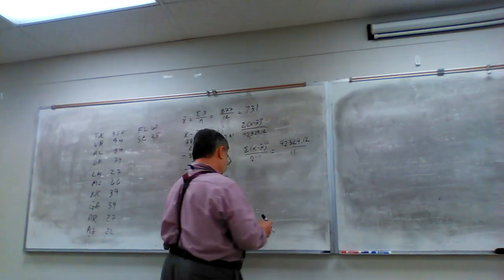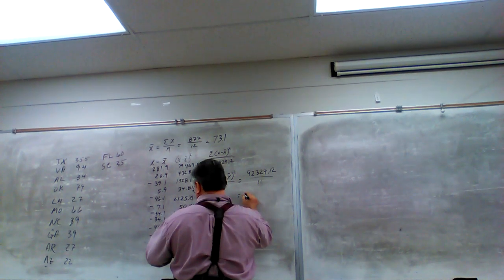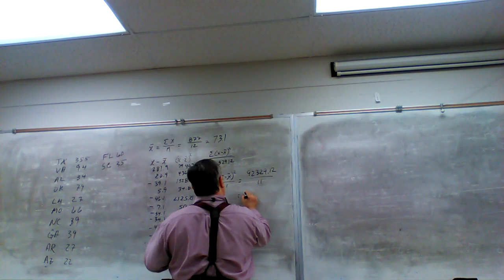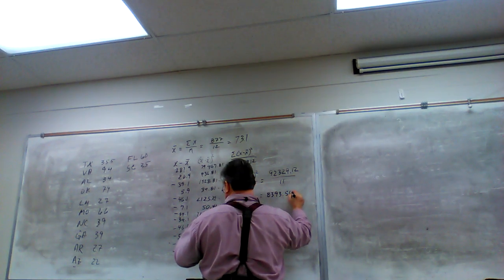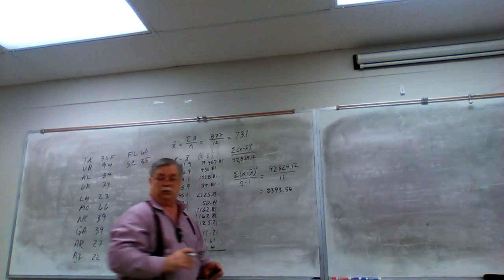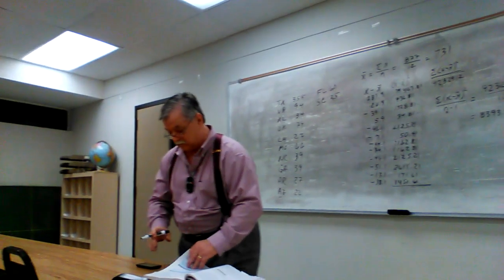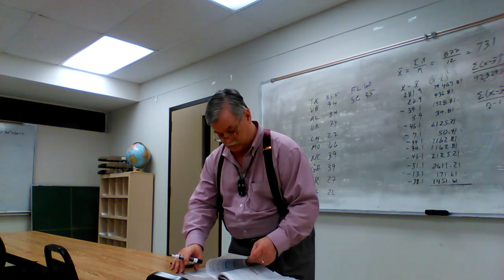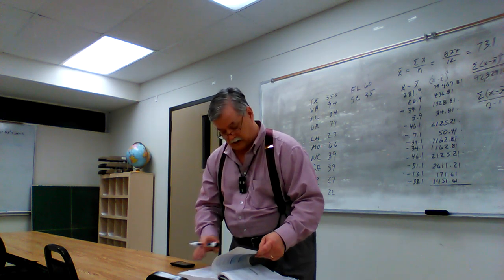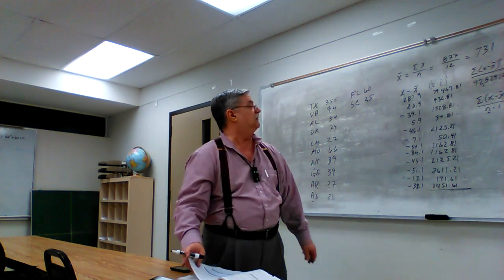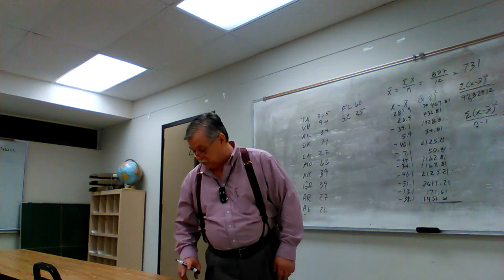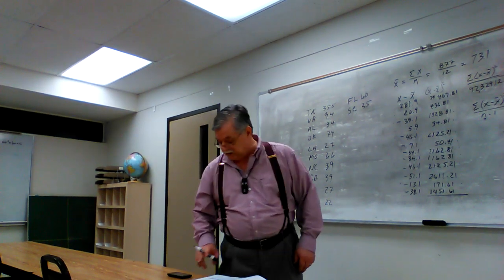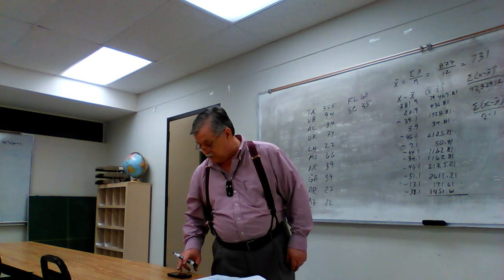And that gives us a variance of 8393.56. Two decimal places. What did the book say we should get? 83.93.5. Okay. And then that means the standard deviation is the square root of that.